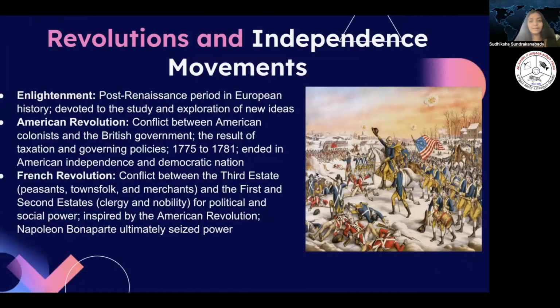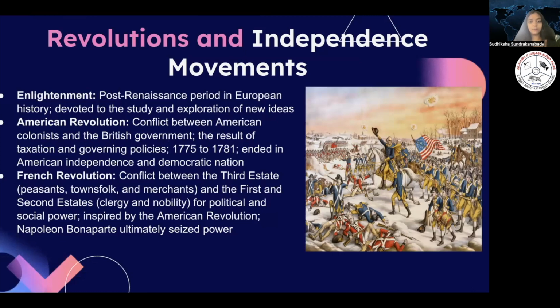So revolutions and independence movements. So the Enlightenment was the stem of many different revolutions. So the Enlightenment was the post-Renaissance period, in when many people were devoted to studying and exploring new ideas, new traditions, new ways to think about many of the traditional ways of doing things. So the American Revolution.